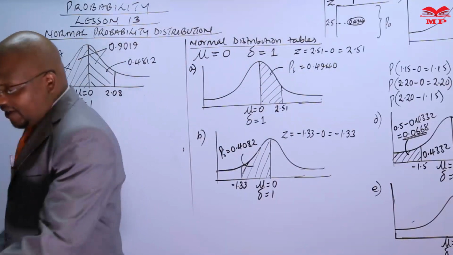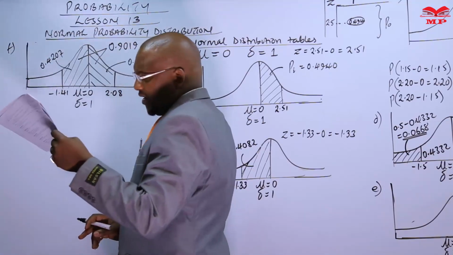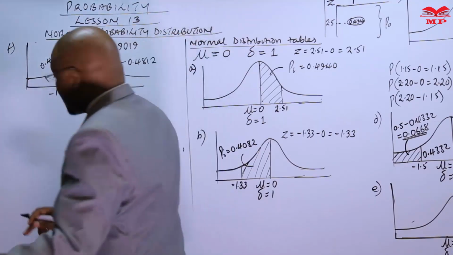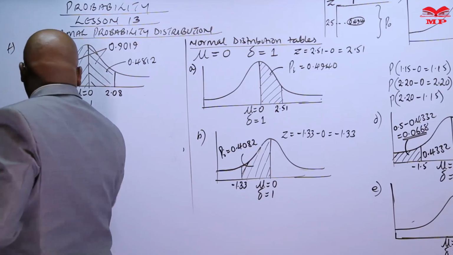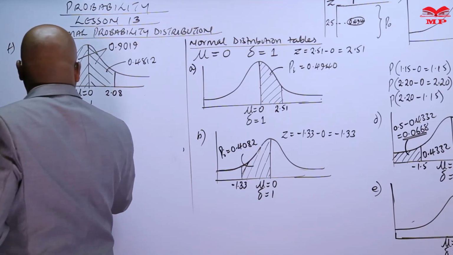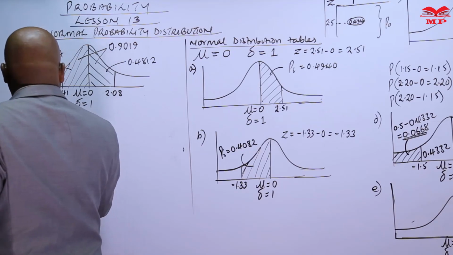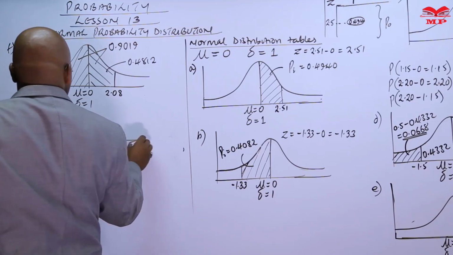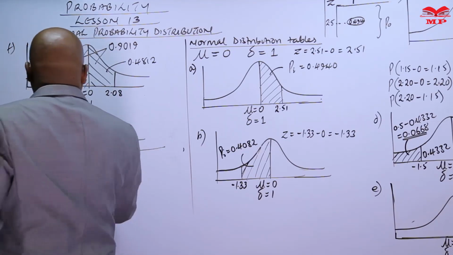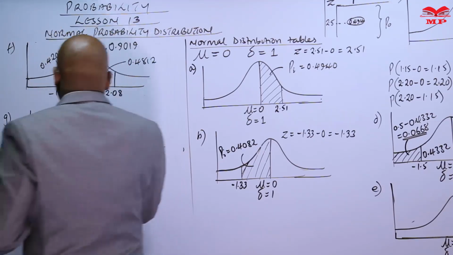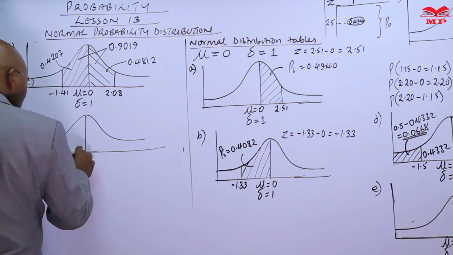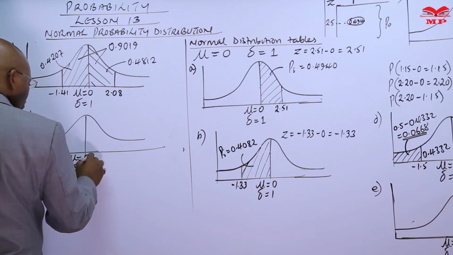The other one is less than 1.66. This is number G. Less than 1.66. At the middle here, the mean is 0 and the deviation is 1.